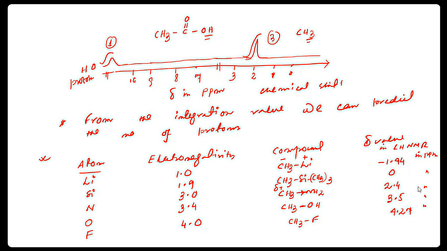Basically, it is a very easy and beautiful spectroscopy, but people think it is very tough. This is due to the fact that the basics are not clear. That's why we are putting so much emphasis on the basics. So electronegativity is a very important parameter for different chemical shifts.